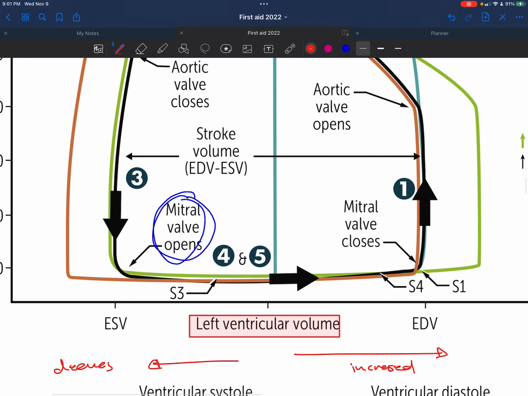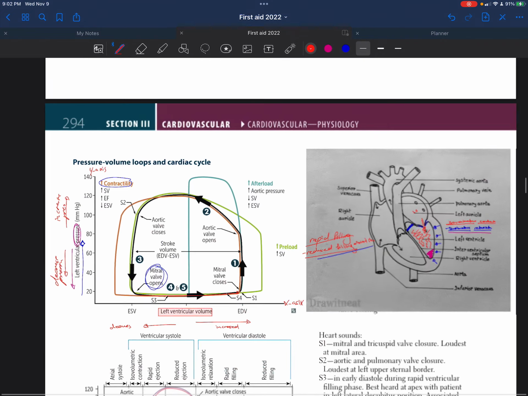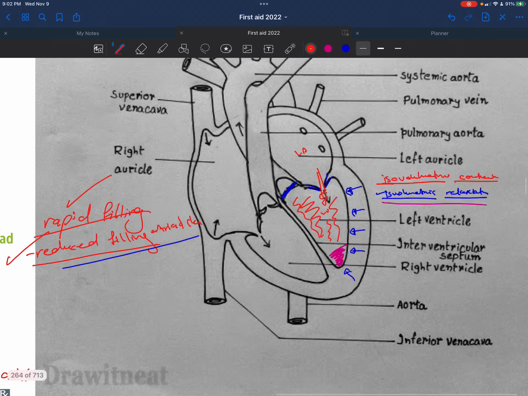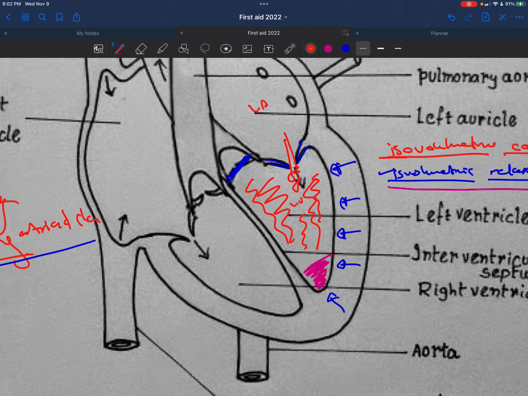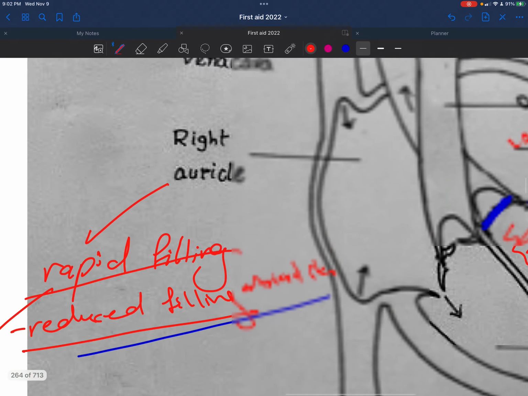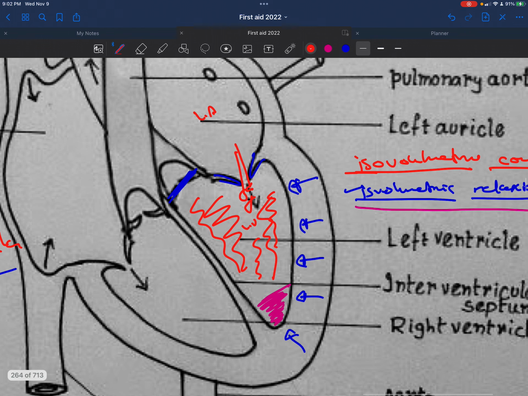So this is the brown line. It's the filling of the left ventricle via two mechanisms, the rapid filling and the reduced filling. Now we are done with the filling, so the mitral valve closes over here.